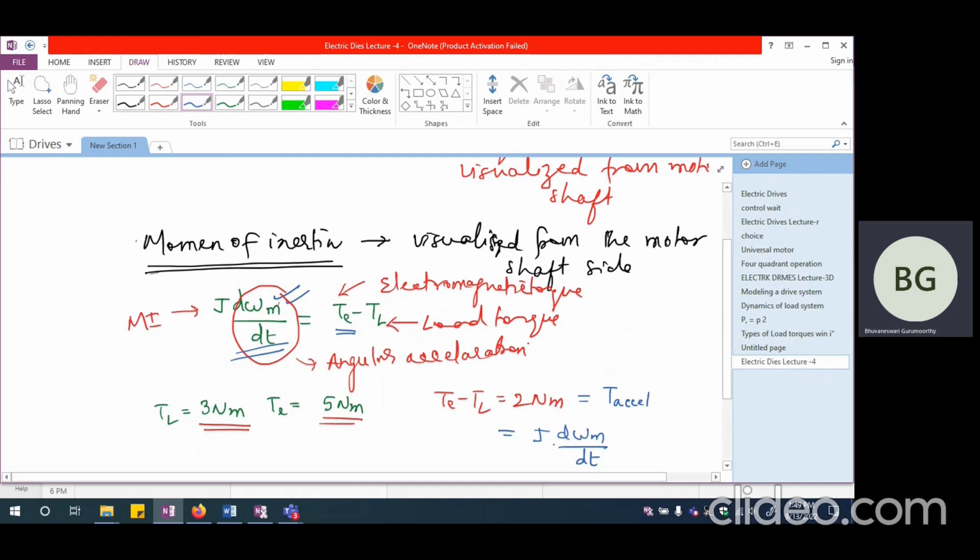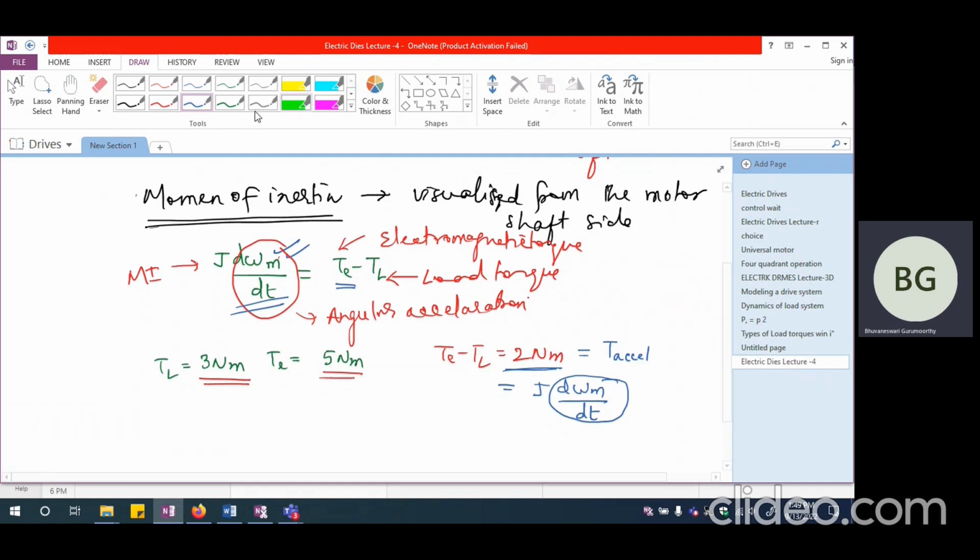So if there is a higher inertia for the entire configuration, the rate of rise of speed is going to be pretty slow. We are not going to have quick acceleration in the system. If the inertia, on the other hand, is small, then even a little bit of excess torque can impart a huge amount of acceleration to the system.